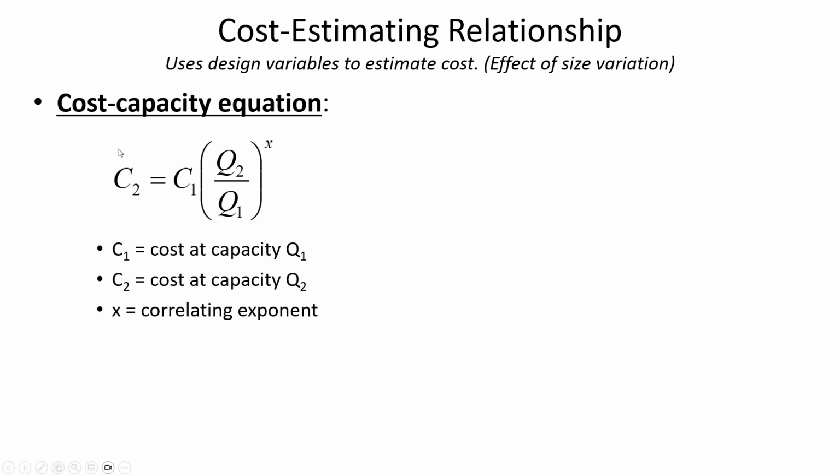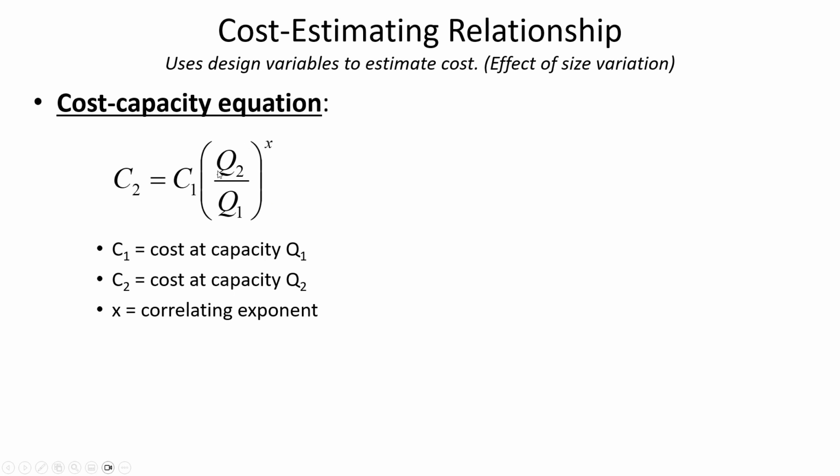So this formula basically says if you have the cost data for one item, so C1 was the cost of the item that you already know about, and Q1 is how big it was. So it could be units of flow rate if it's a pump, or it could be units of square feet if it's some sort of a surface filter, or it could be units of weight if it is a quantity of something that you'd measure it in that sense.